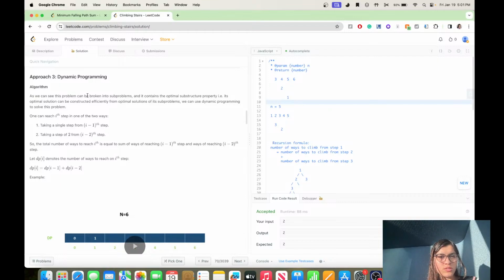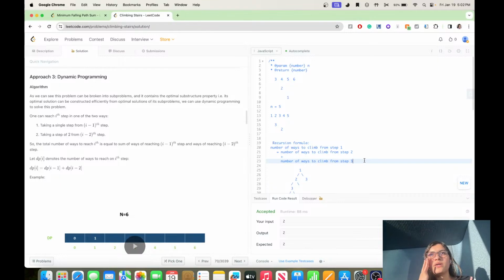So dynamic programming means the problem can be broken into subproblems. Yeah, because I did this, right? Number of ways, I did break into subproblems, and it contains the optimal substructure property. Its optimal solution can be constructed efficiently from optimal solutions of its subproblems. So dynamic programming means this.